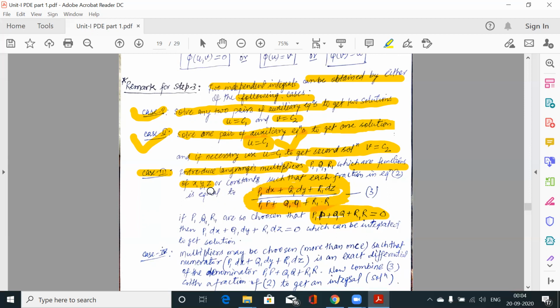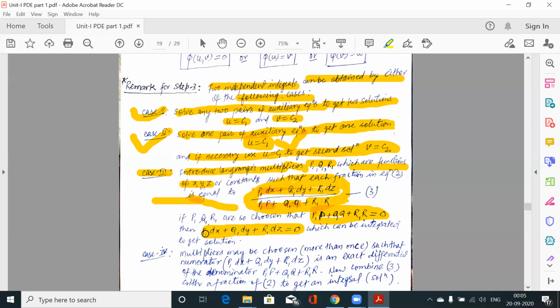Since each fraction equals the auxiliary ratio, if the denominator is 0, the numerator P1 dx plus Q1 dy plus R1 dz is equal to 0.